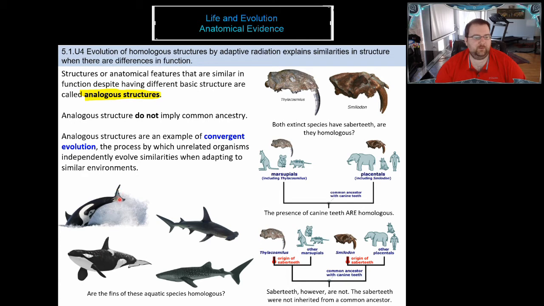If we look at the whales, they have fins that allow them to swim effectively, and they have this streamlined body, right? They're very well adapted swimmers. And if we look at sharks, they're also very well adapted swimmers, right? And many of the patterns are similar in how they've adapted to swimming in their environment.